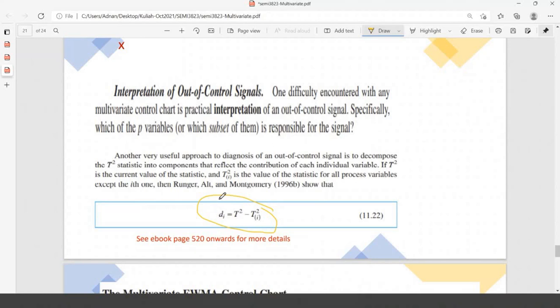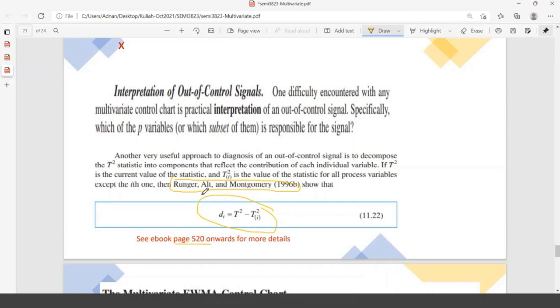This example is given by Runger and Montgomery, who are experts in this area, and they suggest decomposing the value of T-square using this method. I think it's too detailed for us, and if you need to know this, you can see the e-book, page 520 onwards.